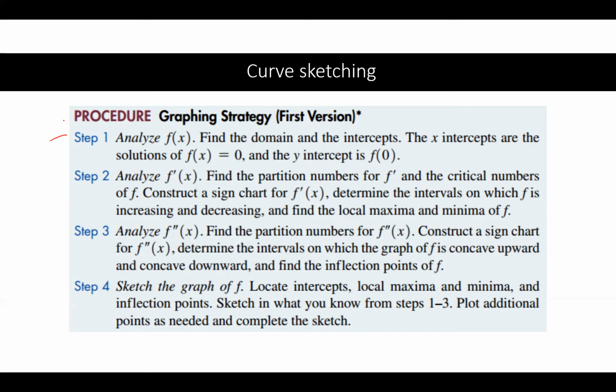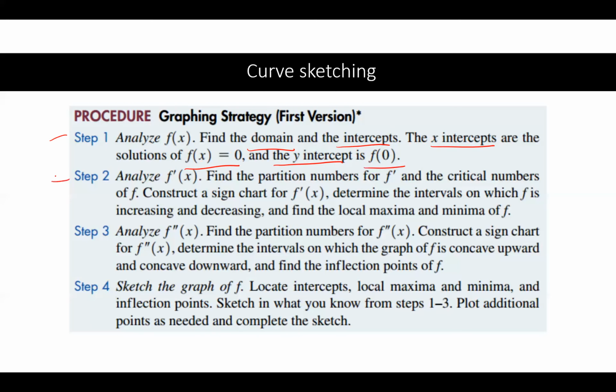The interesting points would be the intercepts, and those need to be within the domain, so we also need to figure out the domain of the function itself. We have x-intercepts and y-intercepts. For x-intercepts, we solve this equation for x, and for the y-intercept, we just make x equal to 0.